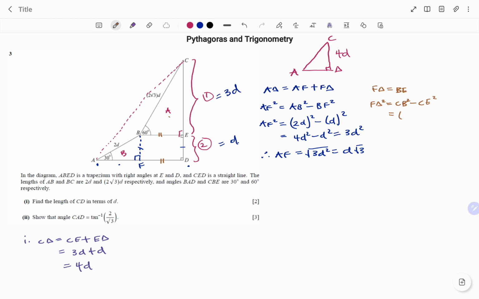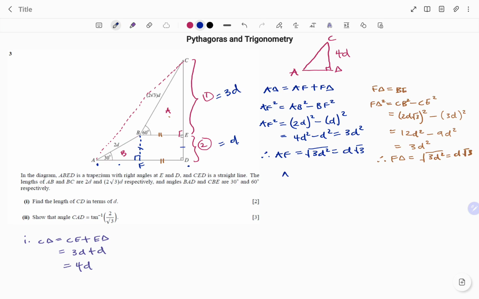CB, which is in bracket 2 root 2D root 3 all squared, minus CE squared, that's 3D all squared. That will give me 12D squared minus 9D squared. That's 3D squared. Therefore, finding the square root of both sides, FD is the square root of 3D squared, which is D root 3.